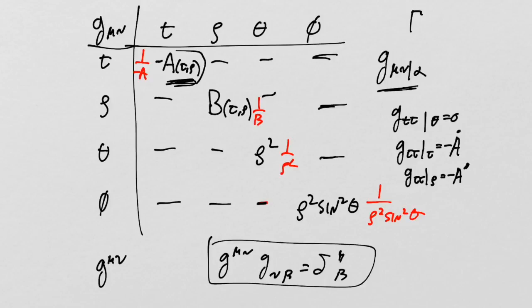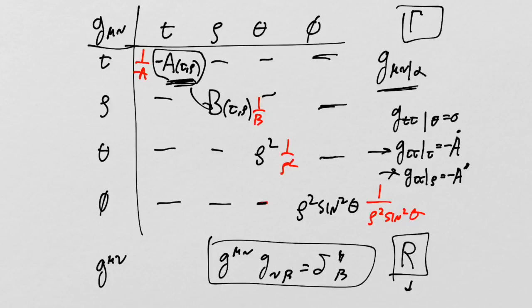As I now know the form, this arbitrary function, whatever that is, I can still calculate these derivatives. I calculate all these derivatives, and I can get the Christoffel symbols in terms of these two unknown functions A and B. Those Christoffel symbols will ultimately give me the curvature, which ultimately gets put into the Einstein equation, and then we churn and churn until we actually solve for A and B. So we'll begin that process next time.